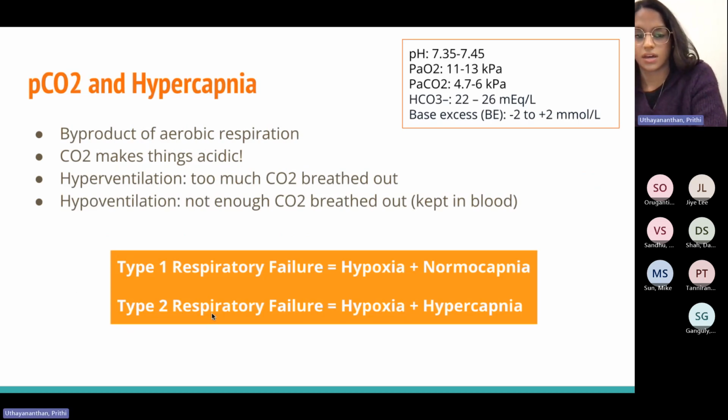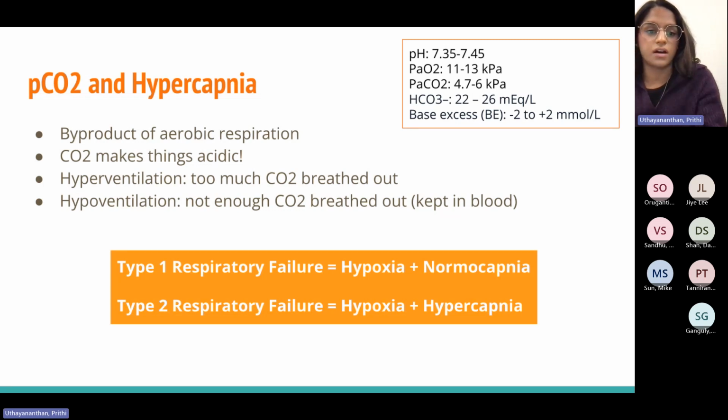So going on to carbon dioxide. I'm sure you all know that it's a byproduct of aerobic respiration and it makes things acidic. If a patient is hyperventilating and blowing off a lot of their CO2, then their blood will become alkalotic because there's not enough CO2 in the body.